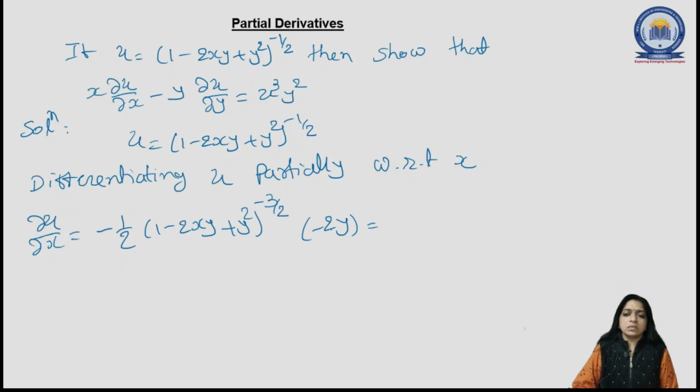After simplification, this minus 2 and minus 1/2 will be cancelled out, so the remaining term is y (1 minus 2xy plus y square) raised to minus 3/2.